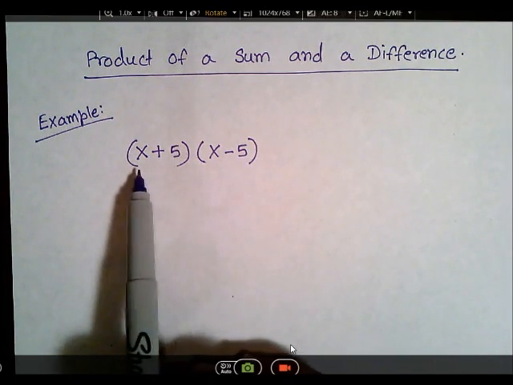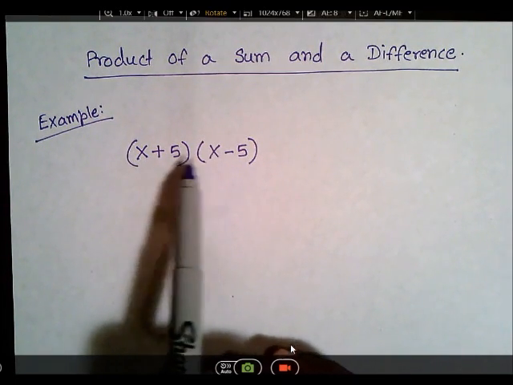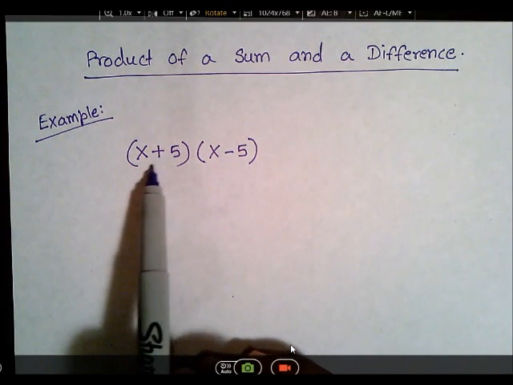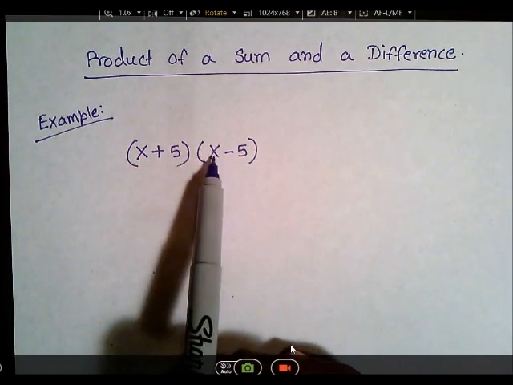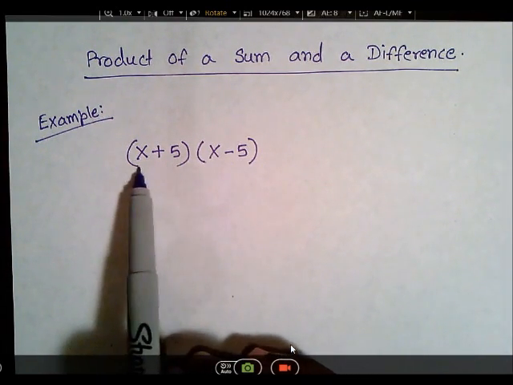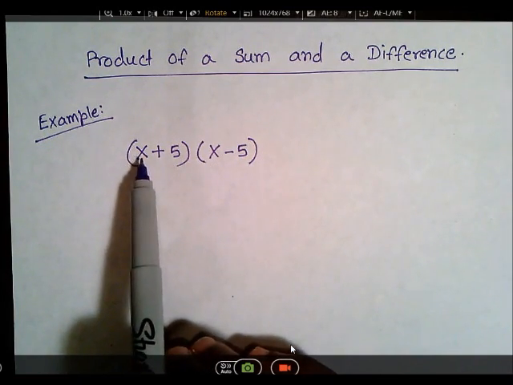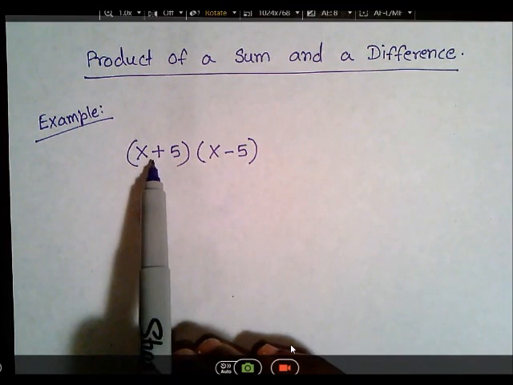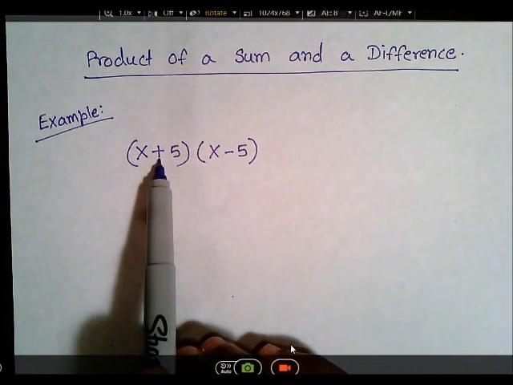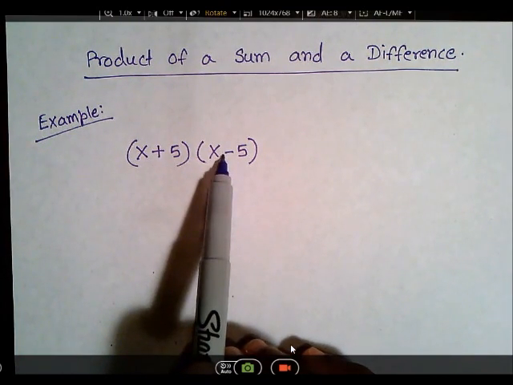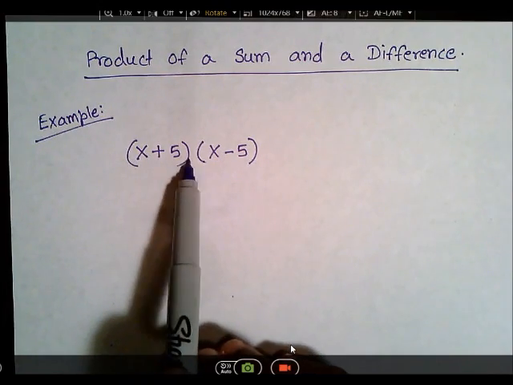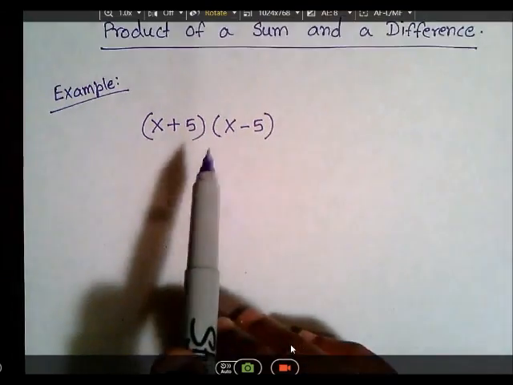Now I am multiplying one binomial which is addition of two terms and another binomial which is subtraction of the same two terms. I'm not talking about two different binomials here. I'm talking about the same binomial, but one is adding the two terms, the other one is subtracting the two terms. So this is x plus 5 times x minus 5.